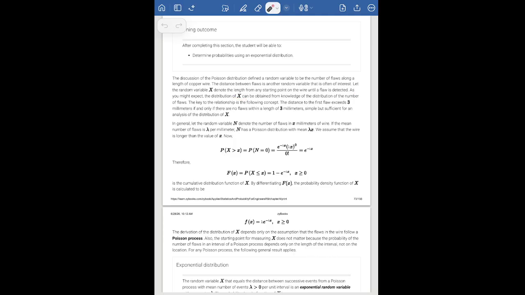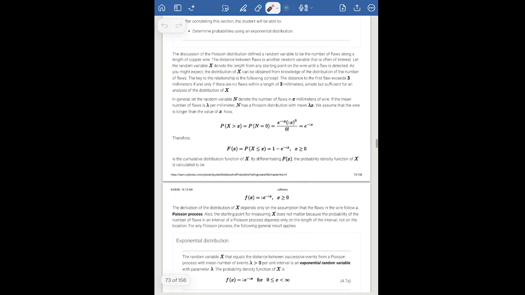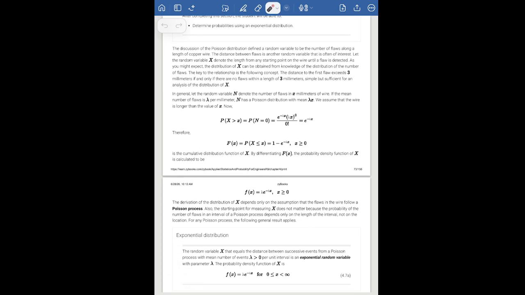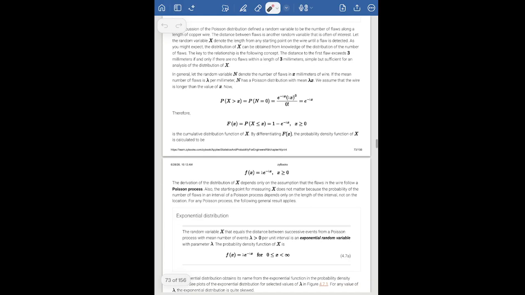So you can get information from the imperfections themselves, or you can get information about the distance between imperfections. Either way, they are in a certain sense dual to one another, intricately intertwined.